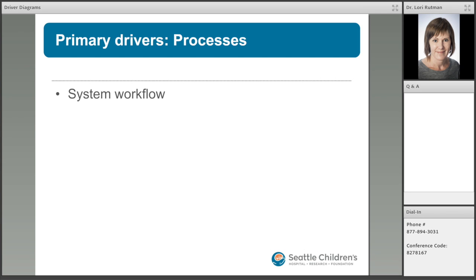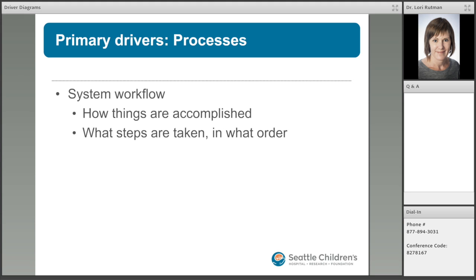Processes, on the other hand, are things like system workflow, how things are accomplished, what steps are taken, and in what order. And these processes are a very common target for improvement projects, which makes sense. These are the things that we can more easily manipulate. As I alluded to on the prior slide, it's often hard to change the leadership structure of your organization.